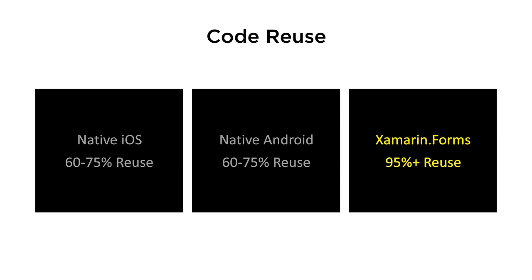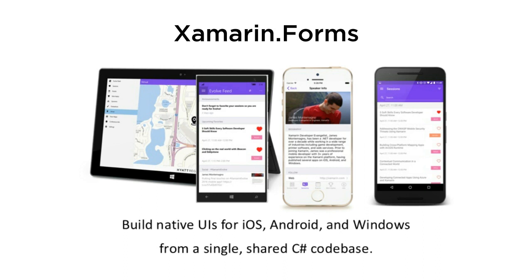Just as Xamarin allows you to share the code base among iOS, Android, and Windows, Xamarin.Forms allows you to share the user interface, and what is produced is indistinguishable from what you would produce in the native environment.